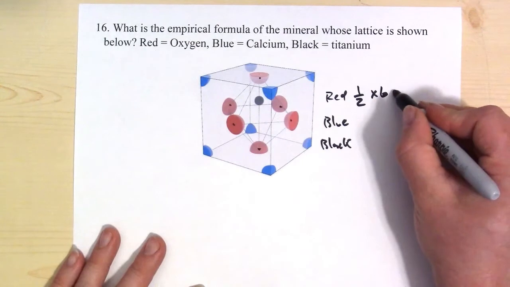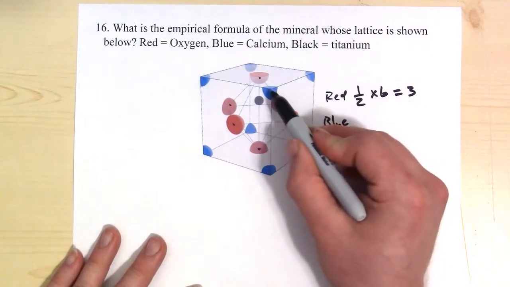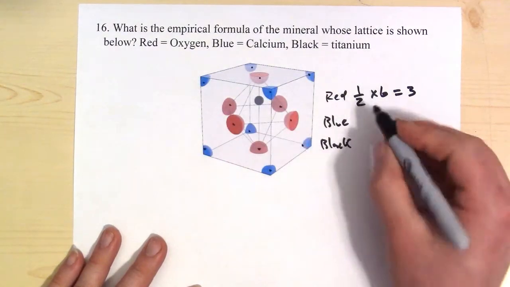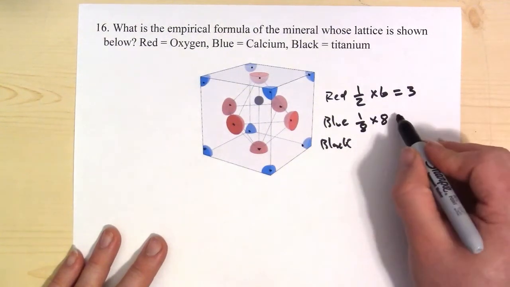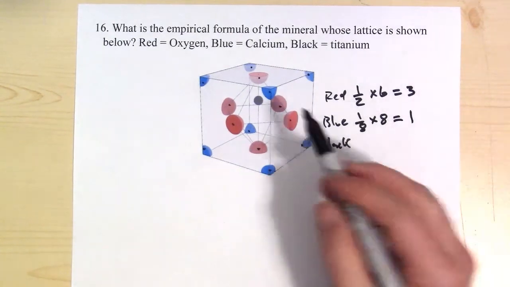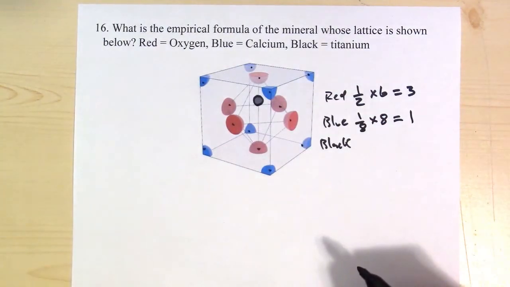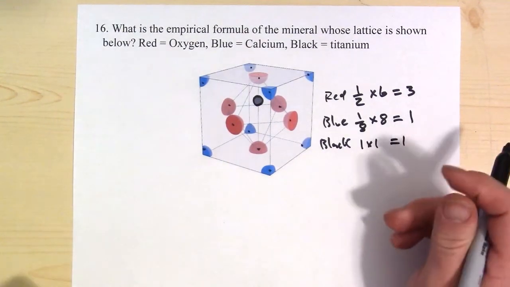So 1/2 times 6 is equal to 3. For the blues, we have a 1/8 on each of the 8 corners. 1/8 times 8 is equal to 1. And then we have a complete titanium atom in the middle of the lattice, so 1 times 1 is equal to 1.